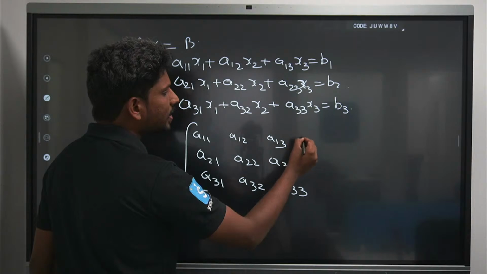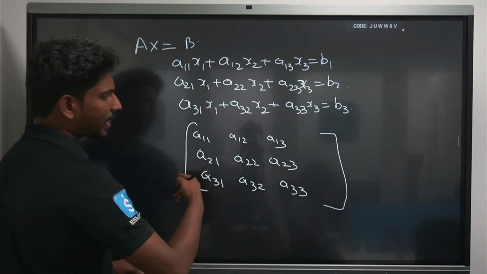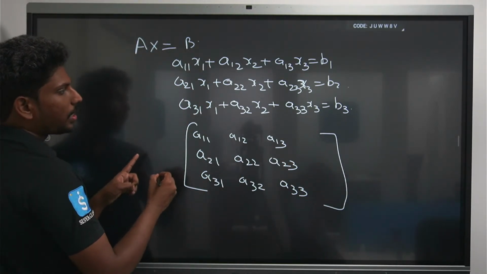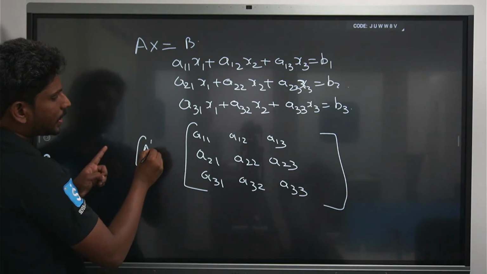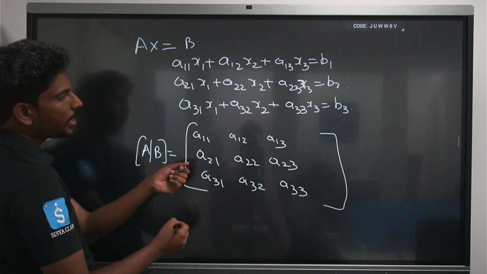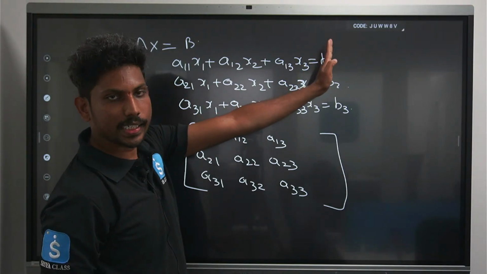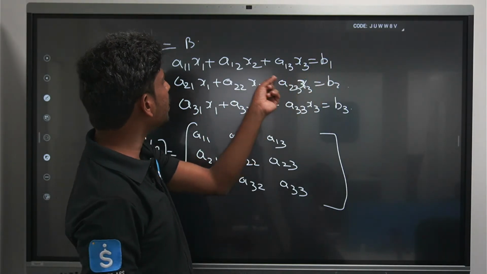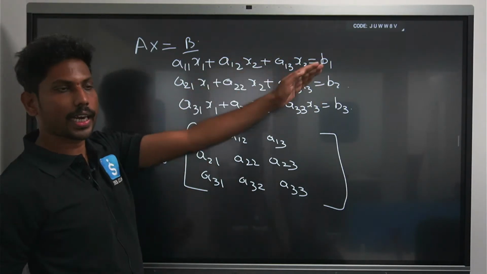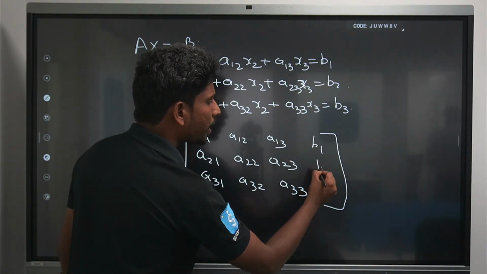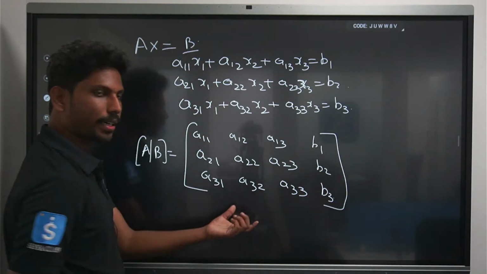Okay, ఈ మ్యాట్రిక్స్ మనకు ఆల్రెడీ తెలుసు, it is called the matrix A. Now whenever I talked about this augmented matrix A/B, I will also be incorporating all the constants that are there on the right hand side. Remember, this B element should be there on the right hand side, so this will be B1, B2, B3. So this is called the augmented matrix.